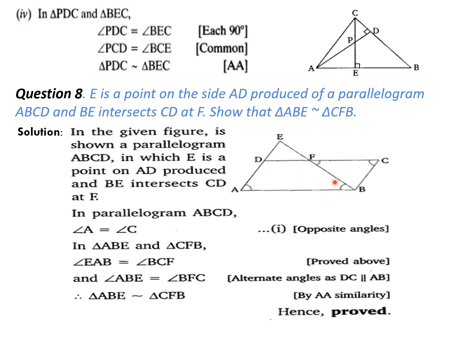In triangle ABE, this is EAB, and this is BCF. So these two are equal in these two triangles, and again we can say that angle ABE, this angle, is equal to angle BFC, this angle, because they are alternate, as CD is parallel to AB. So we have got two angles which are equal. Therefore, by AA similarity criterion, we can say that triangle ABE is similar to CFB.